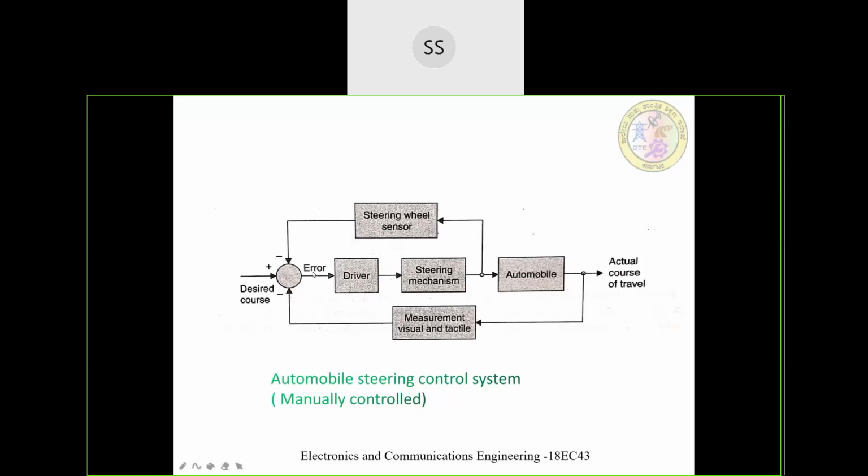After receiving the inputs from both paths, the driver does some correction in the steering mechanism, in such a way that the difference between the actual course of travel and the desired course is reduced, so that the vehicle will start moving in the correct path.